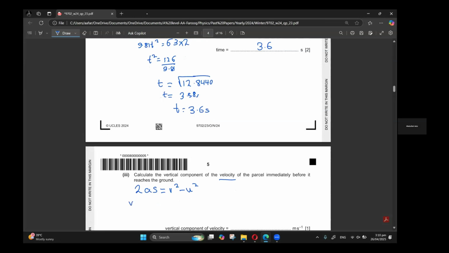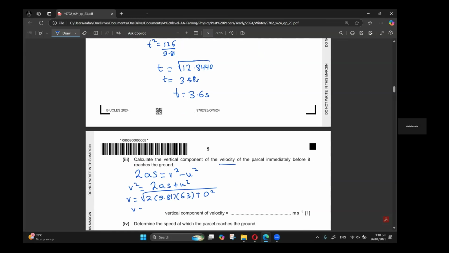So v square is equal to 2as plus u square. v is equal to, let's put in values, the square root of 2 times 9.81 times 63 plus 0 square, which is 35.1. Taking this to two significant figures, 35 meters per second.